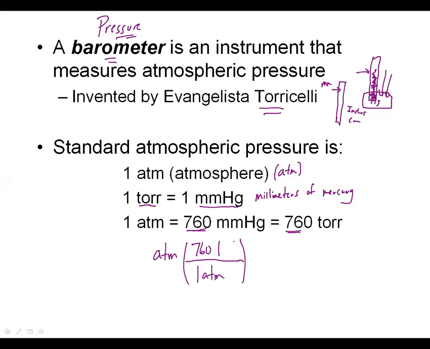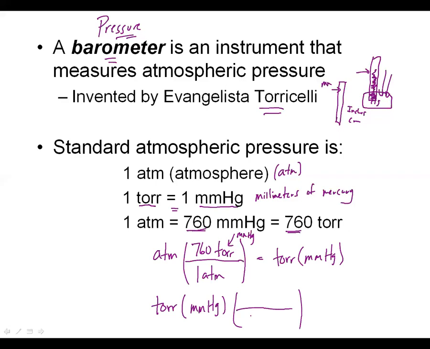Again, this could be torr. This also could be millimeters of mercury, which are the same thing. And that would obviously give you torr or millimeters of mercury. And vice versa, if you were starting with torr or millimeters of mercury, which is essentially the same number since it's a 1-to-1 relationship, you would want to divide by 760 to get into atmospheres.